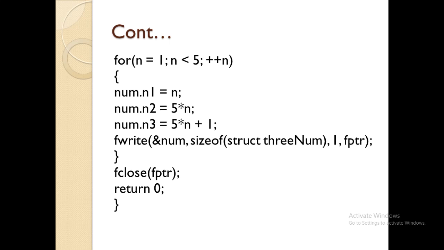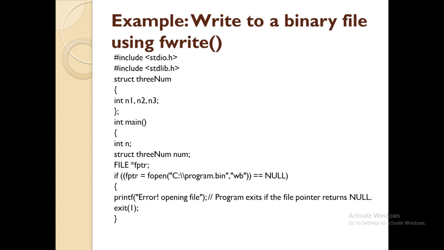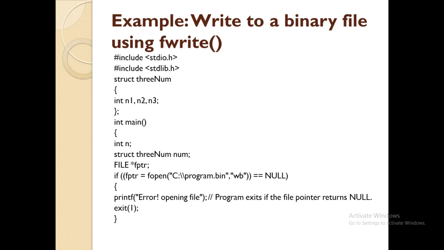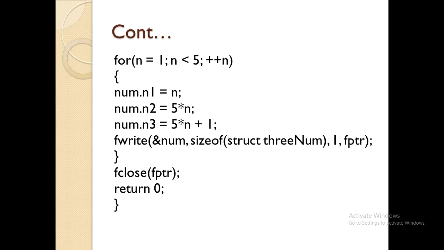Then we assign n to n1 of the structure type, then 5 into n to the n2 integer variable, then 5 into n plus 1 to the n3 integer variable of the structure type.